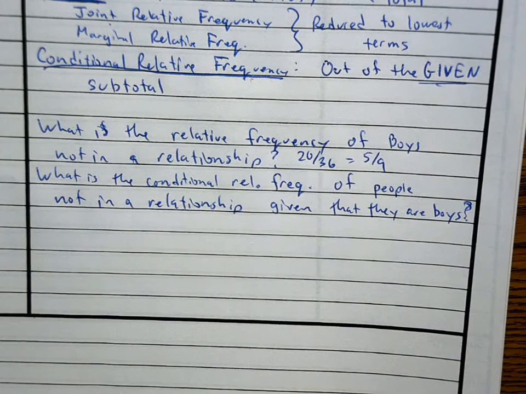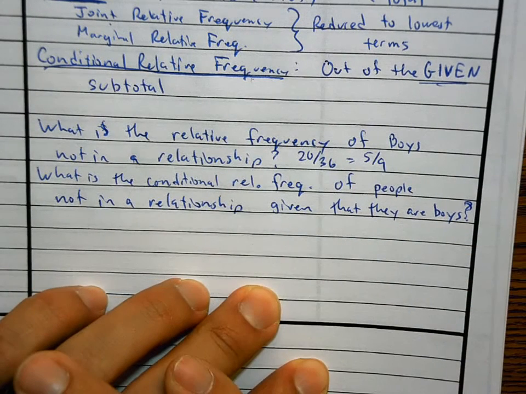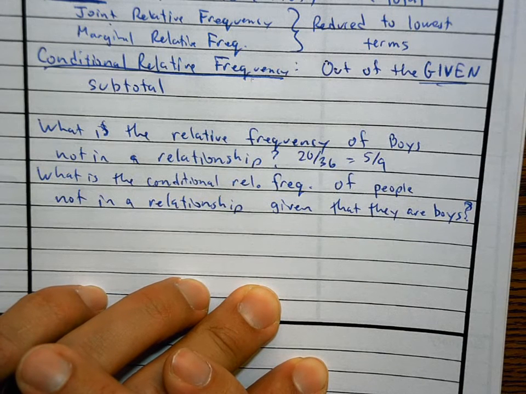What is the conditional relative frequency of people not in a relationship given that they are boys? What is the non-reduced fraction going to be? I heard 4 out of 24 and I heard 20 out of 24. Which one is it?